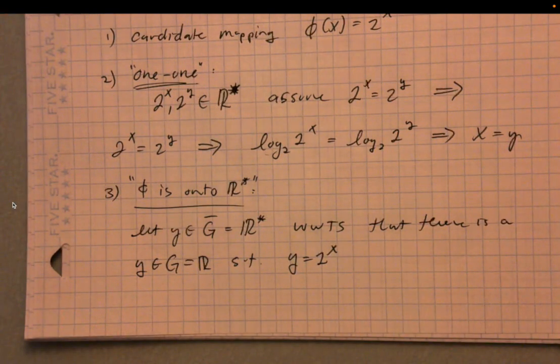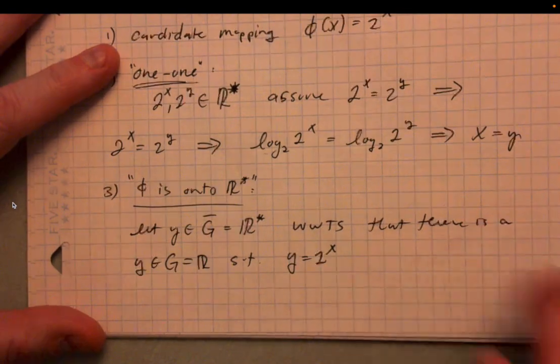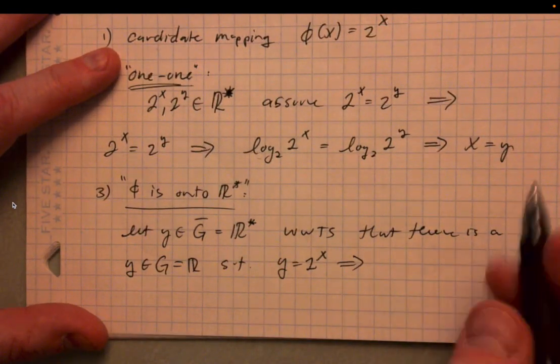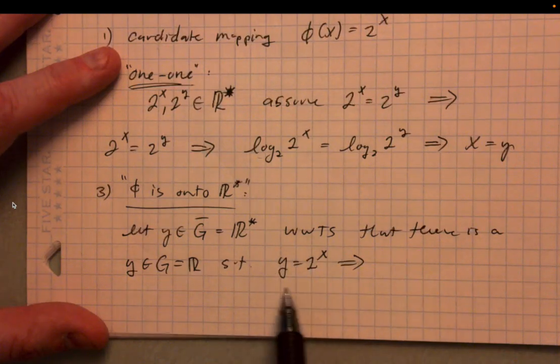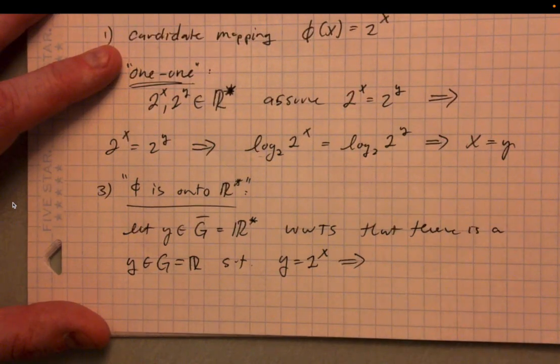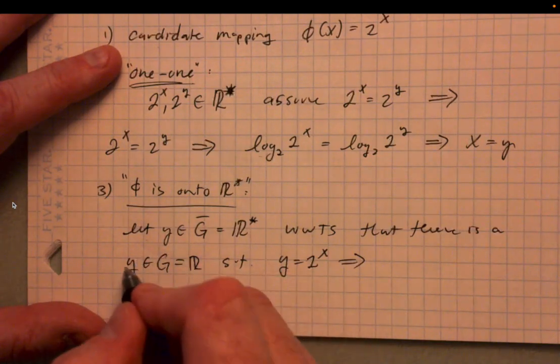Again, this is straightforward. This is algebra. If y is equal to 2 to the x, we can use this to figure out what x needs to be. So y is in G bar, and we need to find an x. I think I wrote that wrong earlier: I need to find an x, not a y.